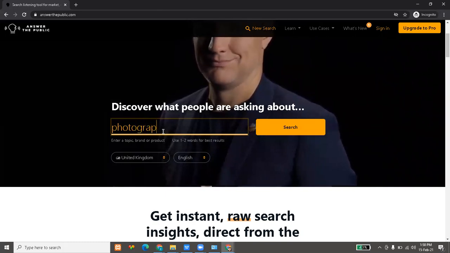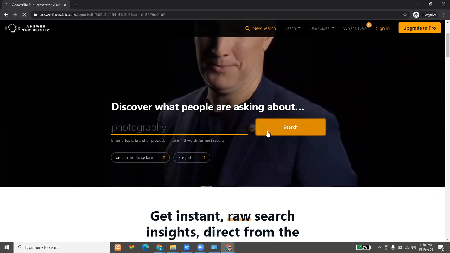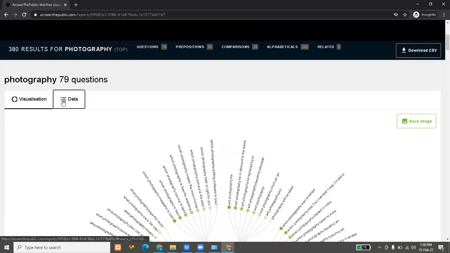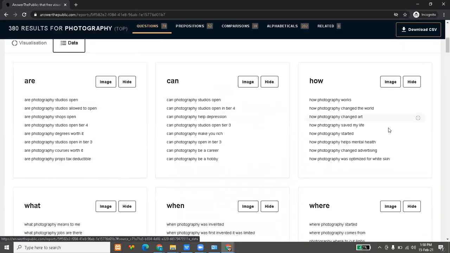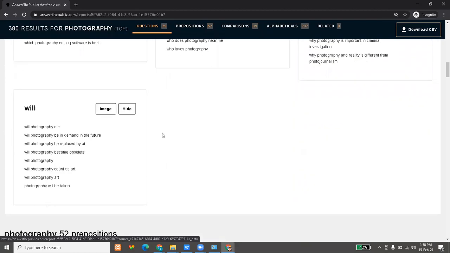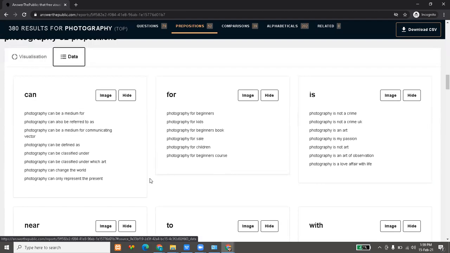Photography. When I search like this, I get a lot of ideas of what people are potentially looking for. So this will shape the content that I'm going to be sharing, or that you will be sharing.